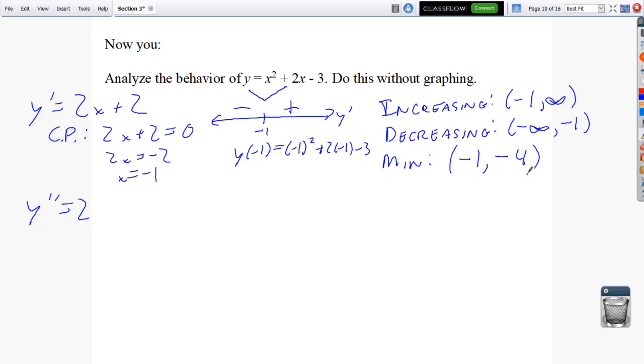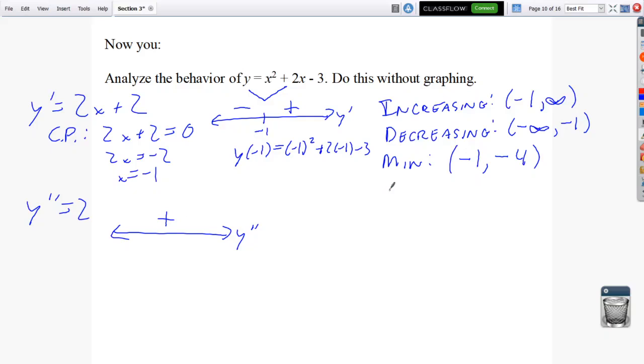Good so far? All right, cool. Now I have to go on to my second derivative. And again, I haven't used this term officially with you yet, but I have no possible points of inflection, so I'm just going to mark down the sign of my second derivative here. The sign of my second derivative, well, 2. Is it positive or negative? It's positive.